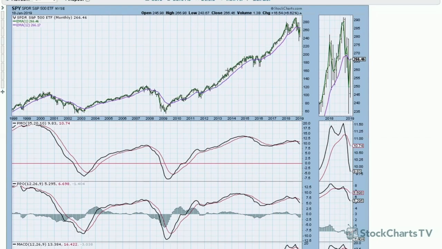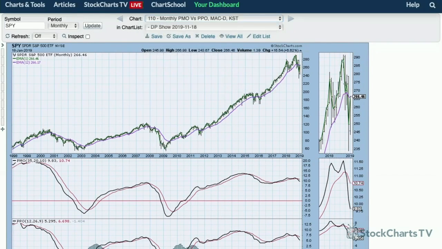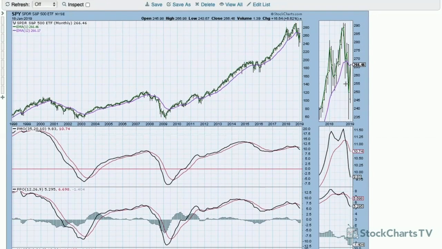One of the things I look for in rallies, or actually either way, is to see how small caps are doing against the big caps. The small caps are actually, Russell is up 17%, versus 14% for SPY.